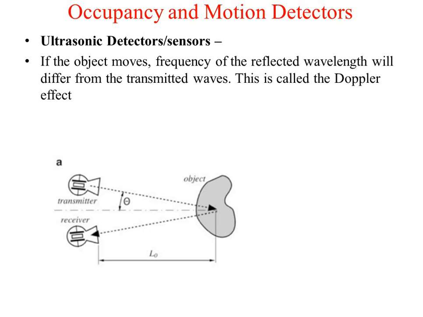Here you can see this is the transmitter and this is the receiver. If the transmitter and receiver are the same unit, we call it a transceiver.